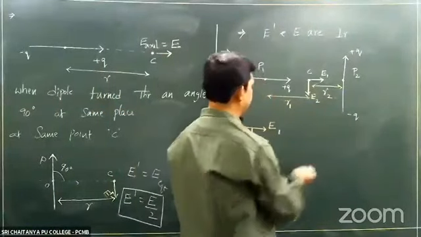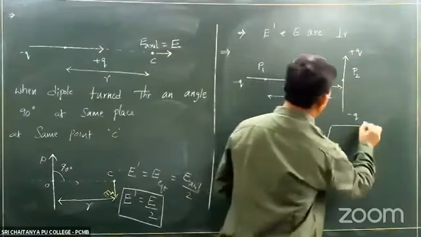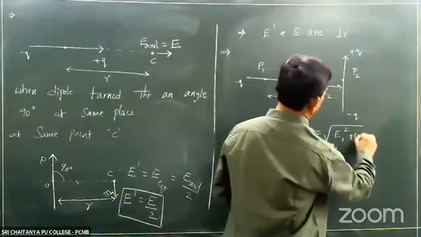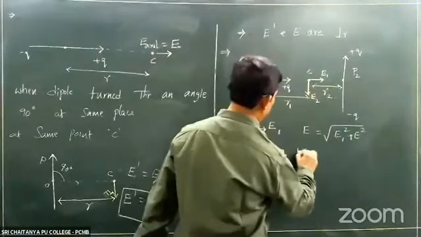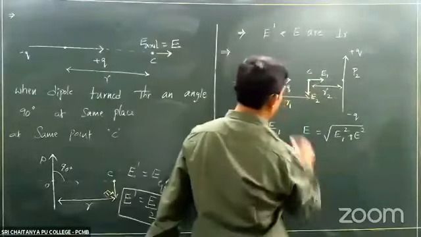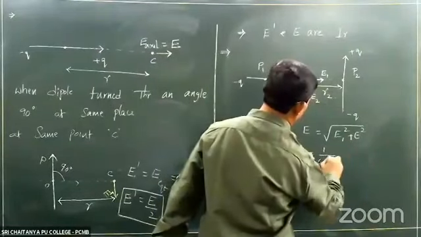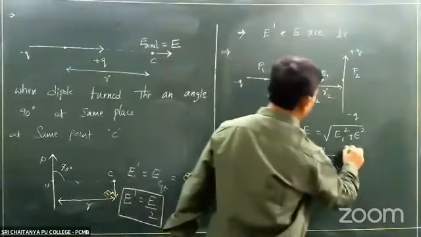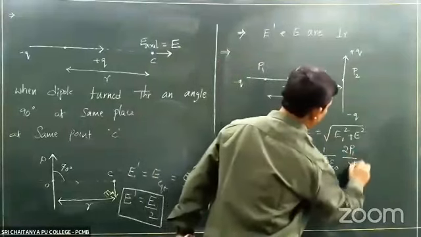Then the resultant E is root over E1 square plus E2 square. What is E1? Due to this dipole, on the axial line, it is 1 by 4 pi epsilon naught times 2p1 by r1 cube.